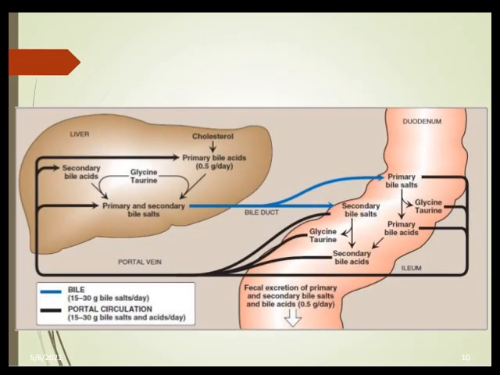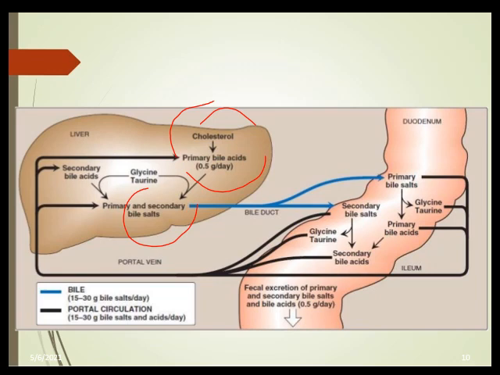Okay, this figure explains the bile acid synthesis and excretion together in one figure, or everything I have already explained. You can see from cholesterol, the primary bile acid is synthesized, then conjugation occurs, then in the intestine, secondary bile acid. Primary and secondary bile salts are secreted into the intestine.